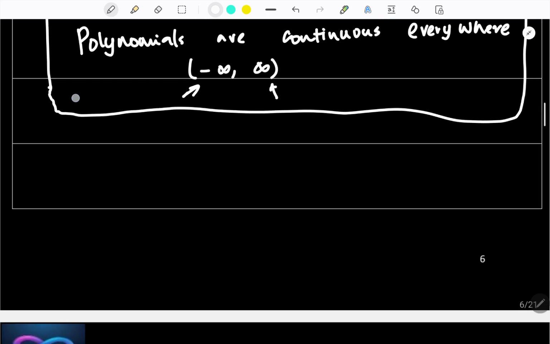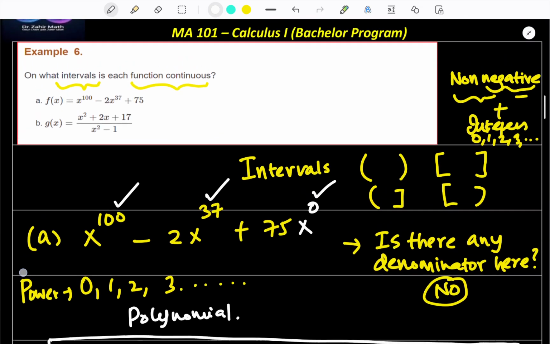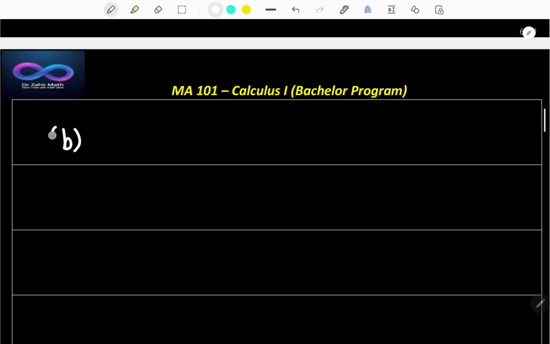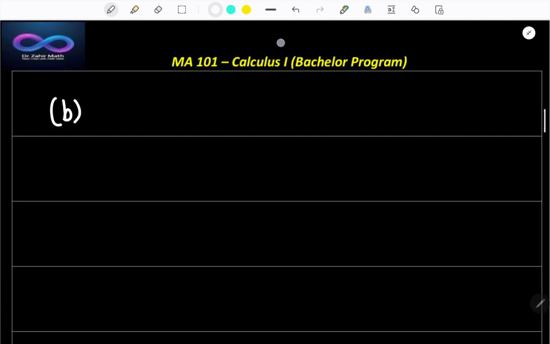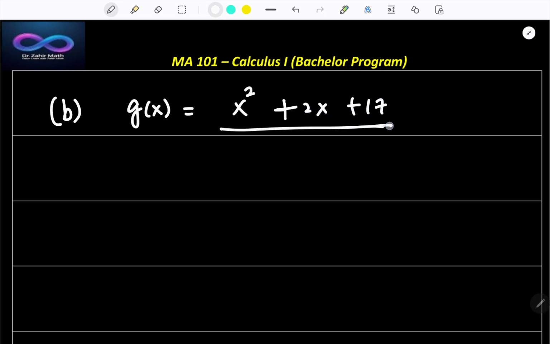Wow, nice question. Let's go to the next question, g of x. Let me write this is A and we go to question number B. What is the question? g of x equals 2x plus 17 divided by x square minus 1.